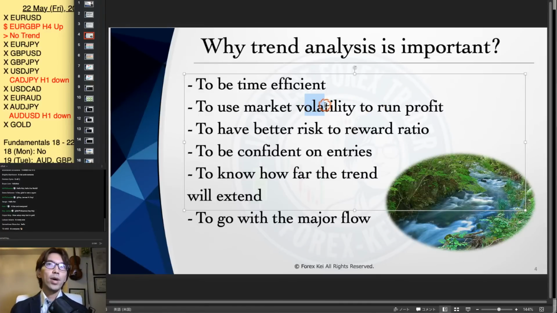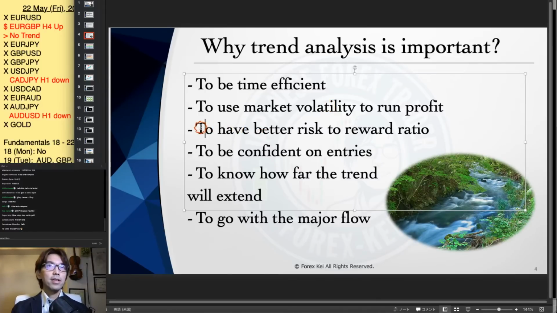So to go along with the volatility of the market, trend analysis is very important. And I will talk about that in my future lives too.